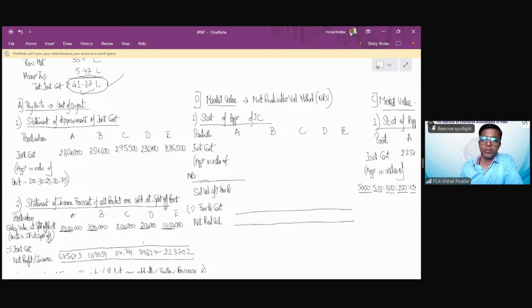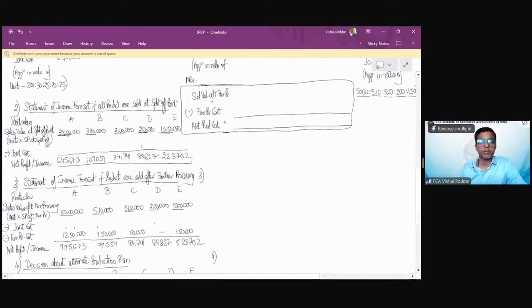So this small working I have to do to first determine the NRV. So what is this working? Sales value after further processing. So it is 50 lakhs, then it is 510, then it is 3 lakhs, 2 lakhs, 15 lakhs.